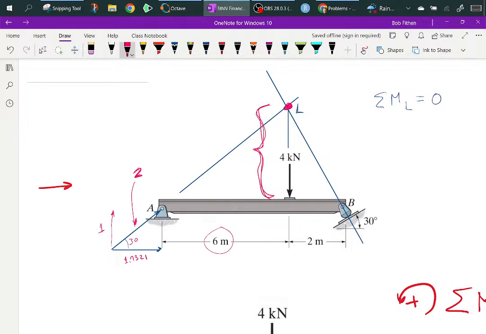Okay, so in other words, this is 30 degrees. That's 6. How far is that distance?